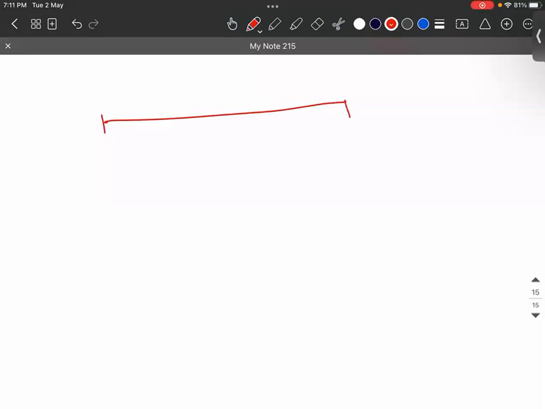So I know the total distance. What is it? 480 kilometers from A to B. So can I say they are going to meet at a particular place?